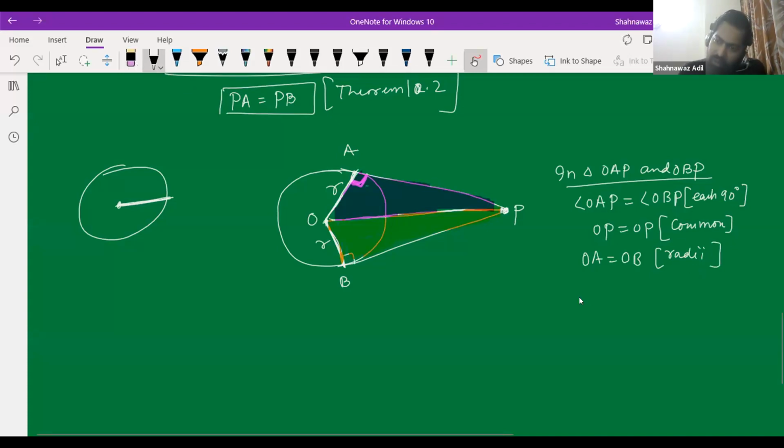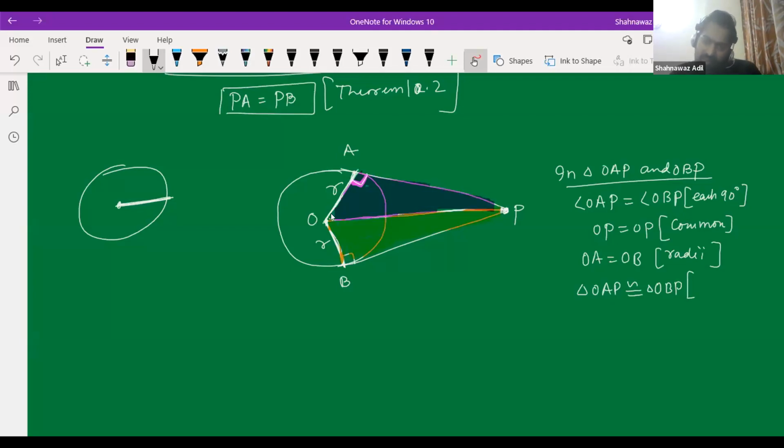So you have a 90-degree angle. OP is the hypotenuse, and OA is the side. So then triangle OAP would be congruent to triangle OBP. What would be the criterion? If you remember, SAS?